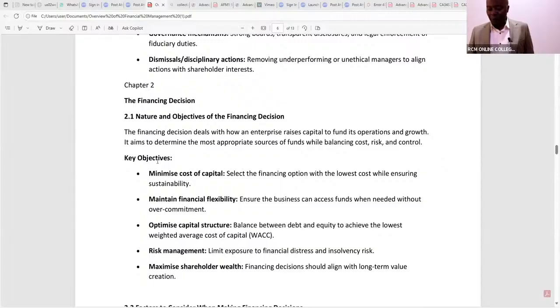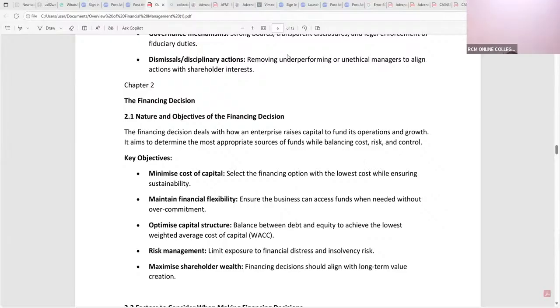We have to play around: how do we minimize our WACC? How do we minimize our cost of borrowing or cost of raising this capital? Select the financing option with the lowest cost while ensuring sustainability. If, ladies and gentlemen, you are borrowing from Shylocks, that kind of business model will not be sustainable. The longevity of this company will not be there.